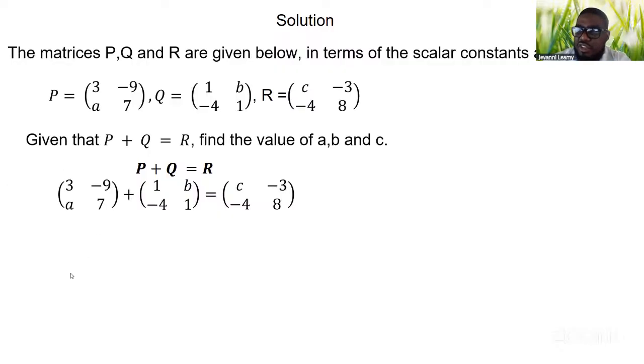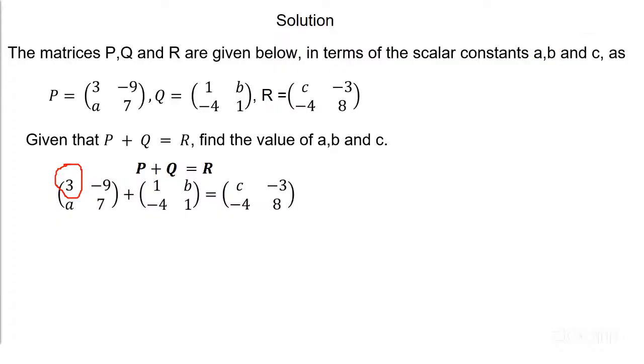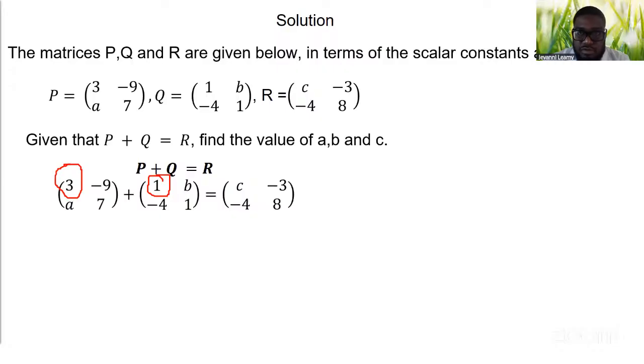Let me just circle the 3. What should I add to 3? 1. 1, sir. Yes, 1. And what is it equal to? Okay, C, on the right side of the equation.